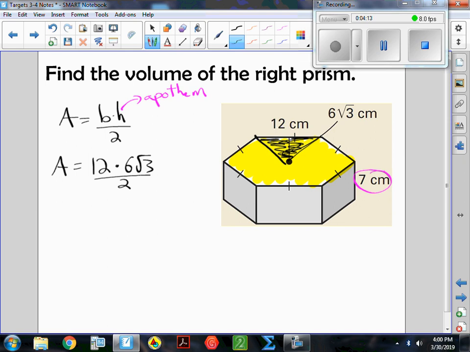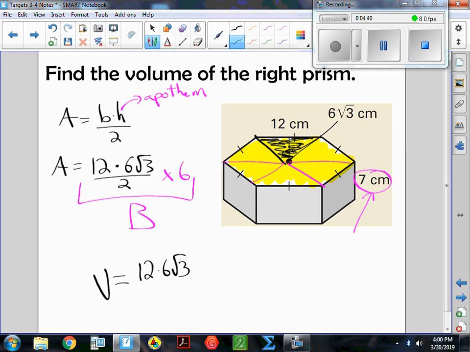I have 6 of those, so there's 1 in black, 2, 3, 4, 5, 6. Because of the three-dimensional view, they don't look like they are the same, but they are, so times 6. So all of this will be your capital B, the area of the base. Then we multiply that by the height, 7. So your volume would equal 12 times 6 square root of 3 over 2.